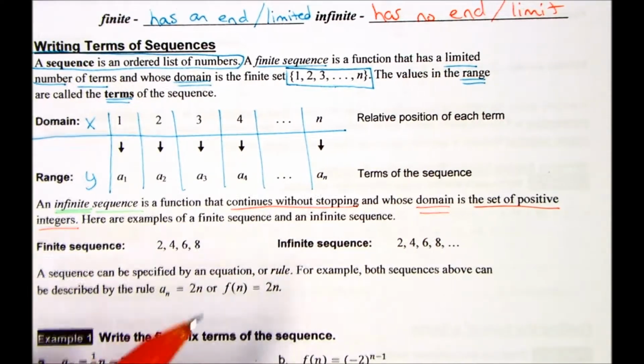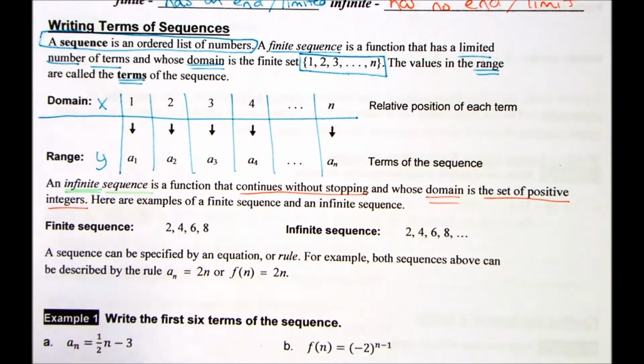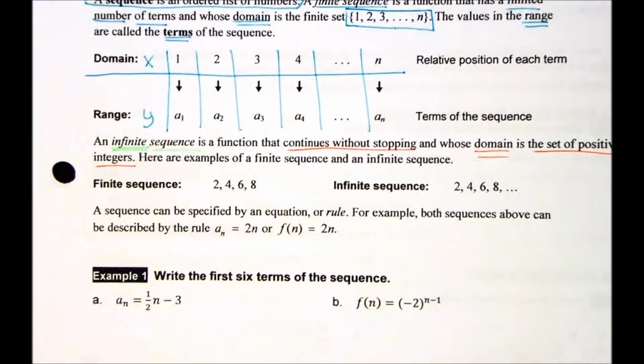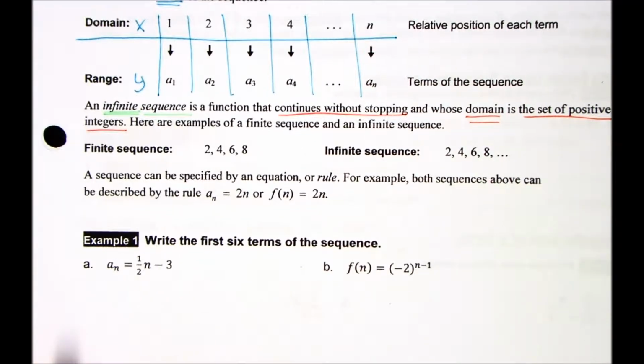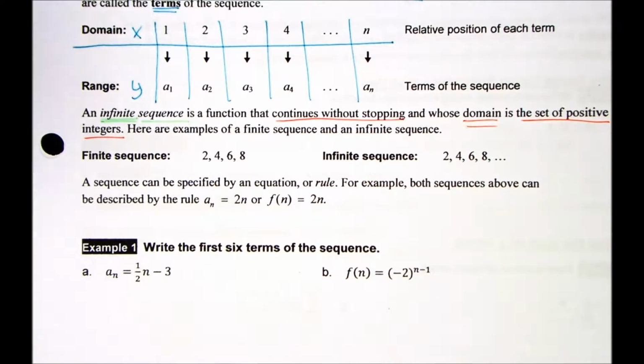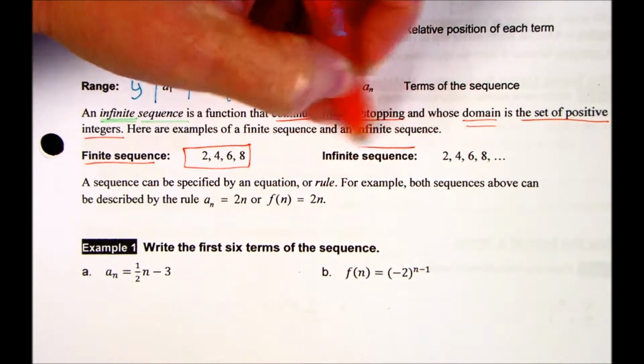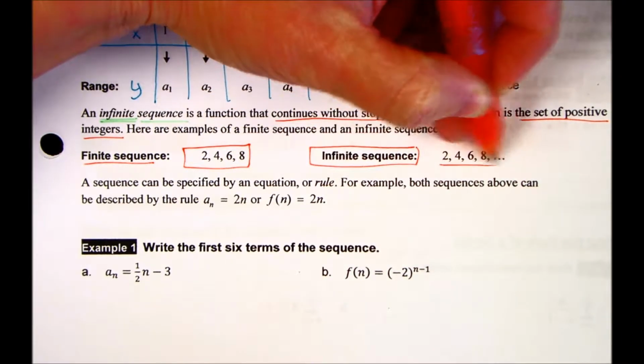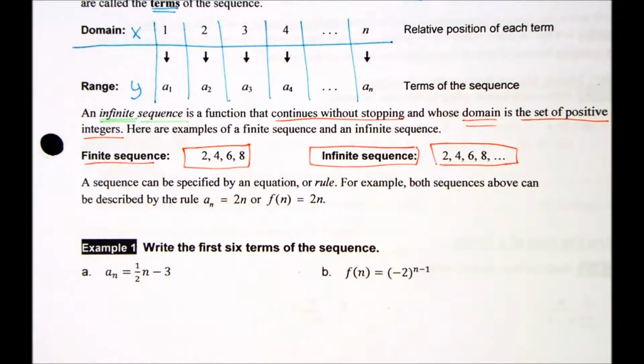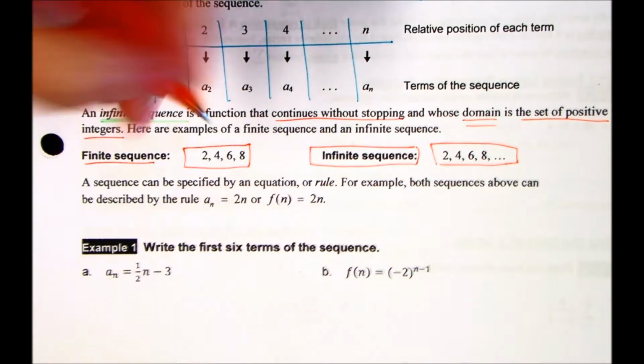Okay, so I guess my recording time is limited, so I'm going to just pick up where I left off. So here we've got a couple examples of a finite sequence and an infinite sequence. Notice the markings at the end.